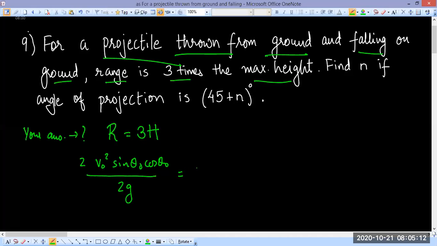Now 3 into maximum height formula is V0 square sine square theta 0 by 2g. Right? This is what we have. I made a mistake with the range formula. I corrected it. All right. So this is range and this is 3 into maximum height.